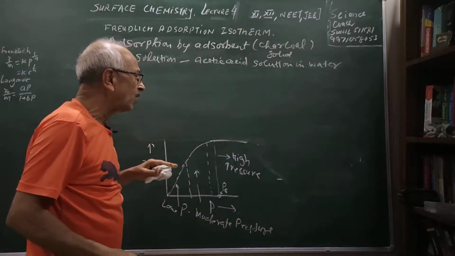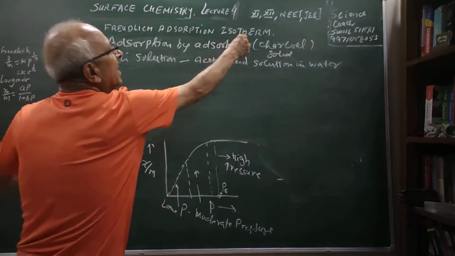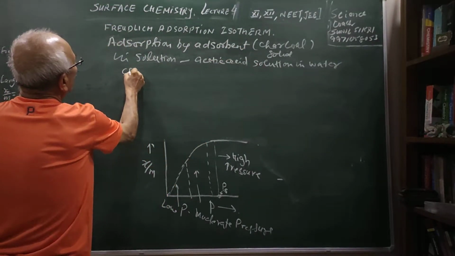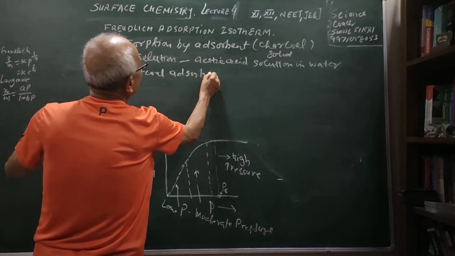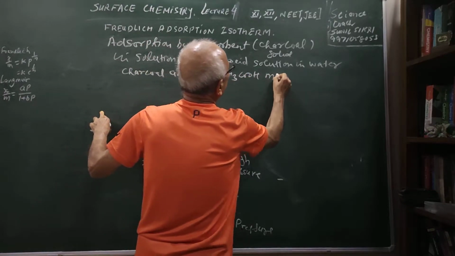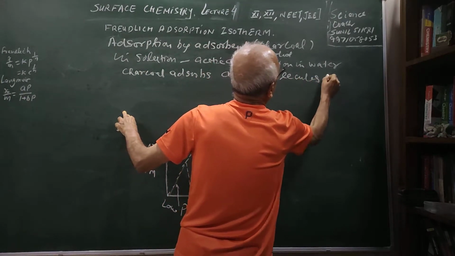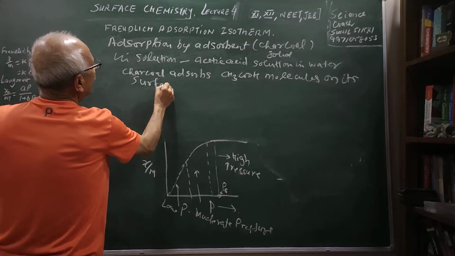Now acetic acid molecules which are present in the solution, I add charcoal. What will happen? The charcoal will adsorb acetic acid molecules on its surface. And what will be the result of that?